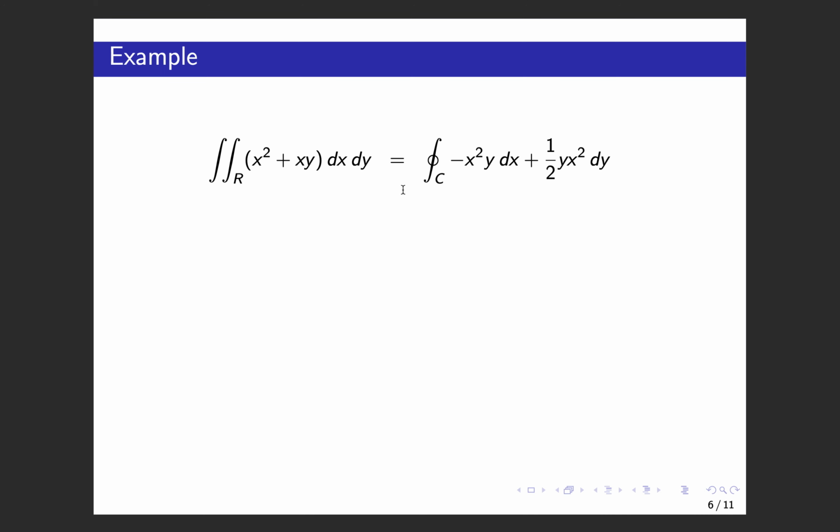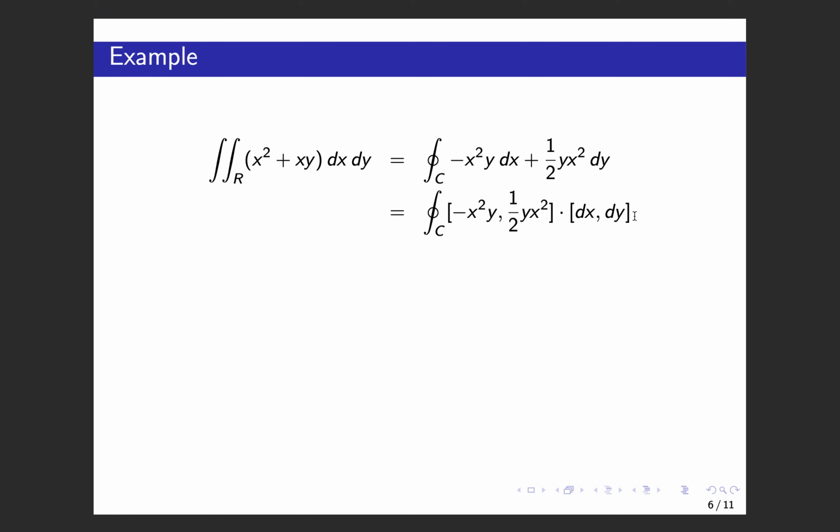So we have the double integral of the difference of the partial derivatives equal to the line integral over C of f1 dx plus f2 dy. This can also be written as the dot product between the vectors f1, f2 and dx, dy.